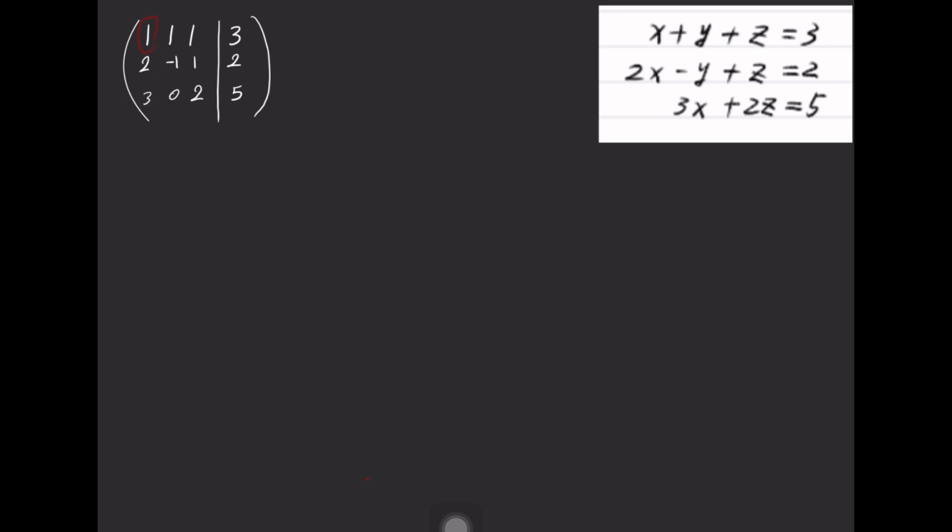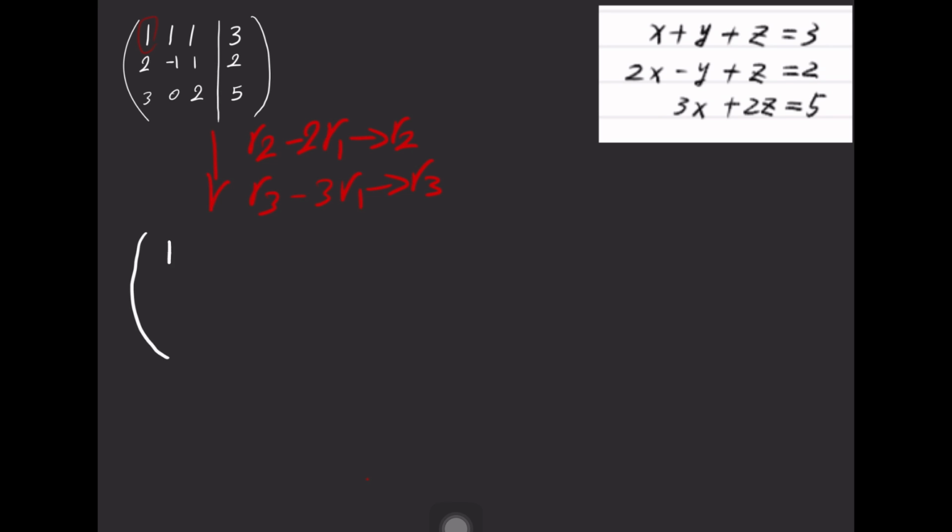So in order for us to do this, we're gonna perform some row operations as follows. We will do row 2 minus 2 row 1 in row 2, and row 3 minus 3 row 1 in row 3. Now let's update our matrix.